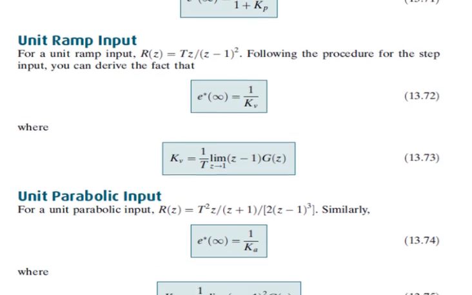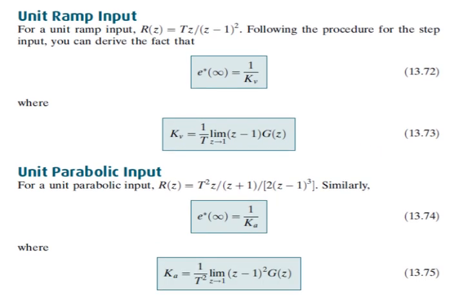Similarly, for the unit ramp system, this will be the formula: steady state error equal to 1 upon Kv, where R(z) input will be Tz divided by Z minus 1 whole square. For the unit ramp system, we use the velocity error constant. So Kv equal to 1 upon T limit Z tends to 1 of (Z minus 1) into G(z).